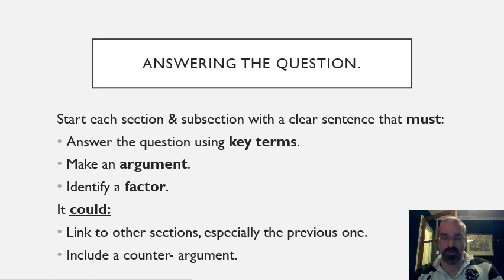This first sentence could also include a counter argument, and again, it slightly depends on the nature of the beast. If you're writing a section where rather than counter arguments you're approaching it from 3 different directions, it might be a bit clumsy and a bit strange to have a contradictory statement in that first sentence.